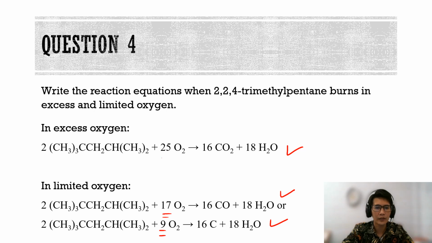Okay, yang ni tadi 25. Okay, yang belakang ni tak berubah. 16 sama. Okay, 18 is the same. Okay, 2 is the same. Okay, nombor tu tak berubah. The difference is just oxygen. Sebab yang ni oxygen berkurangan. Yang ni oxygen banyak, 25. Okay, yang ni dah berkurangan. Yang ni lagi sikit oxygen.